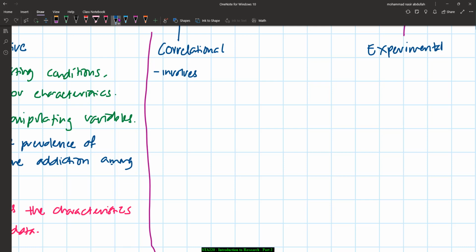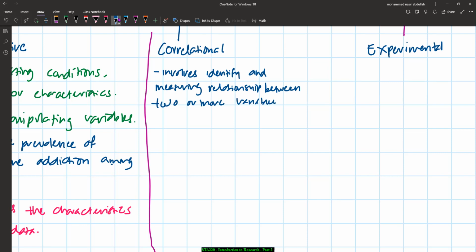So let me put it this way: to identify and measure relationship between two or more variables, but still without manipulating them.